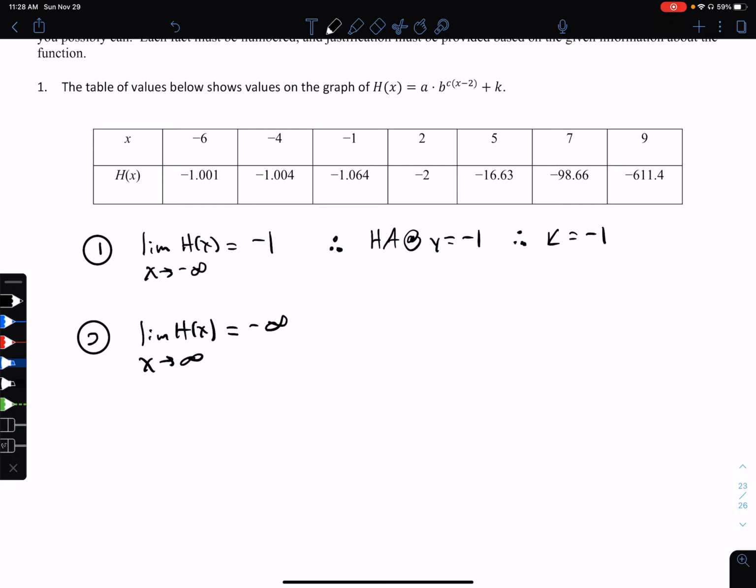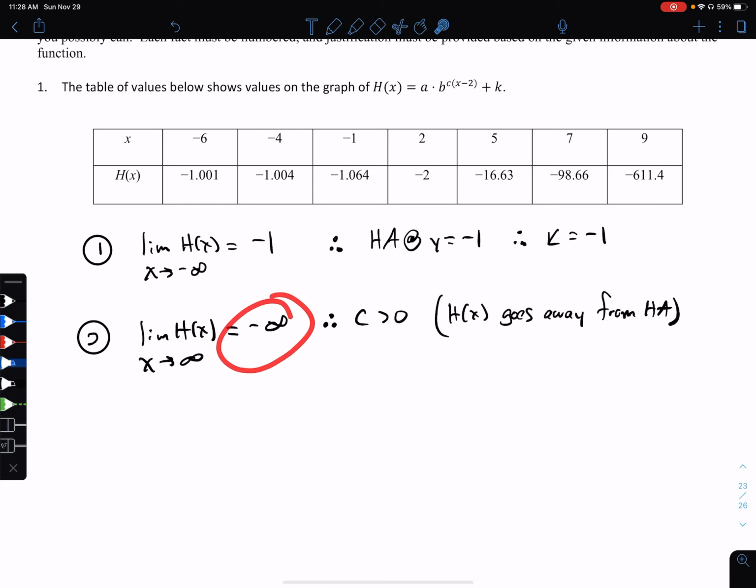Since this is going to -infinity, that tells me that c is bigger than 0. That means that h of x goes away from the horizontal asymptote. And since this is going down, this is exponential decay.